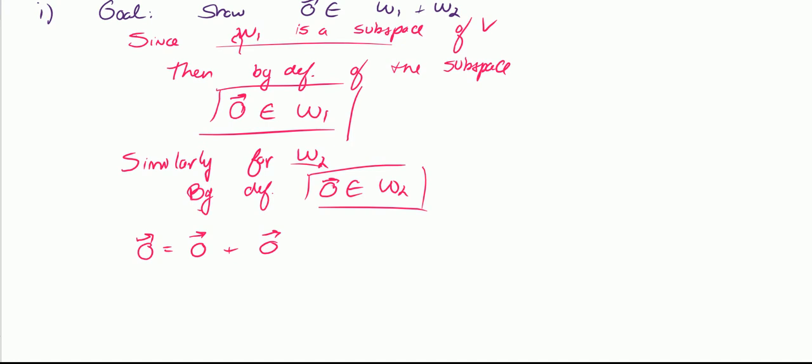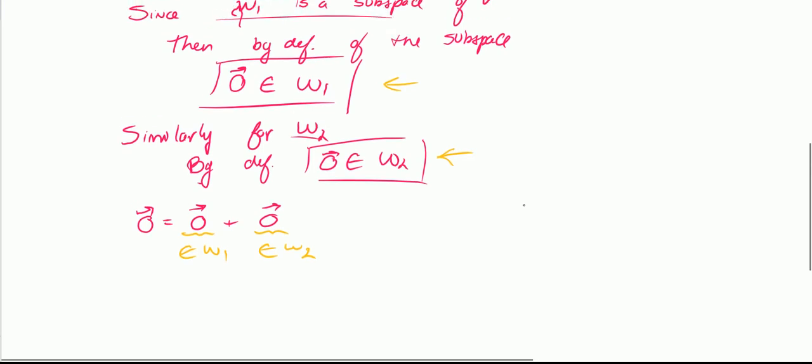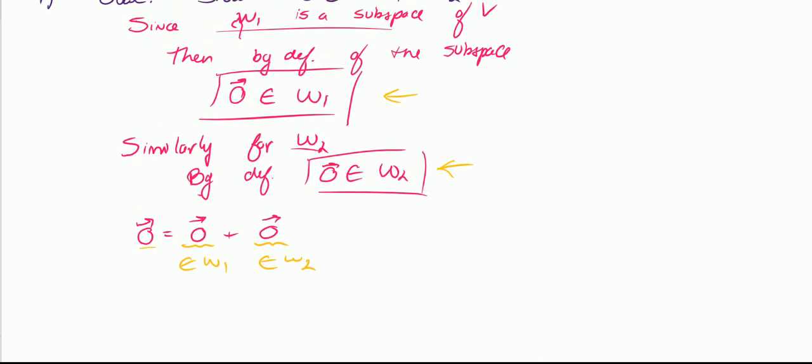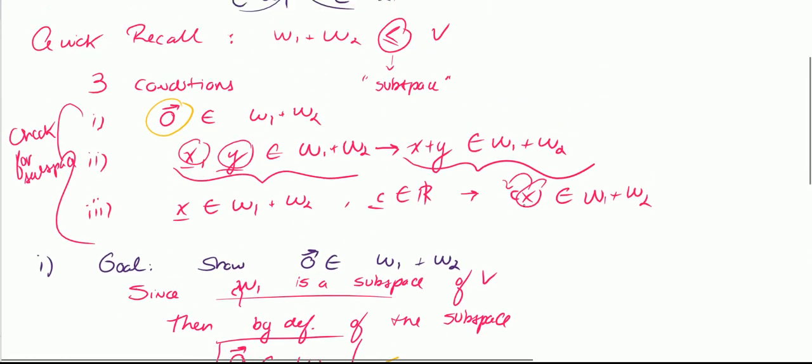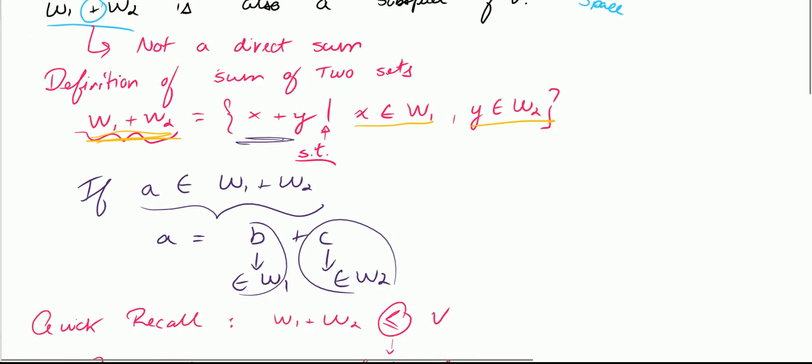But the only thing is that I can say that this zero vector belongs to W1 and that this zero vector belongs to W2 because I've just shown that, here and here. So now I know that my zero vector can be expressed as the zero vector in W1 plus the zero vector in W2.